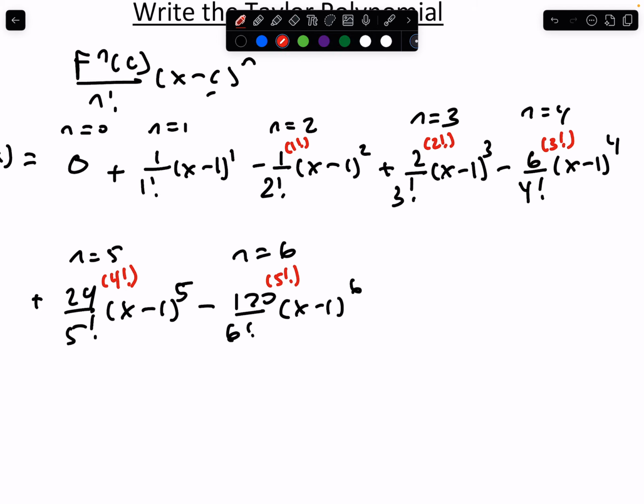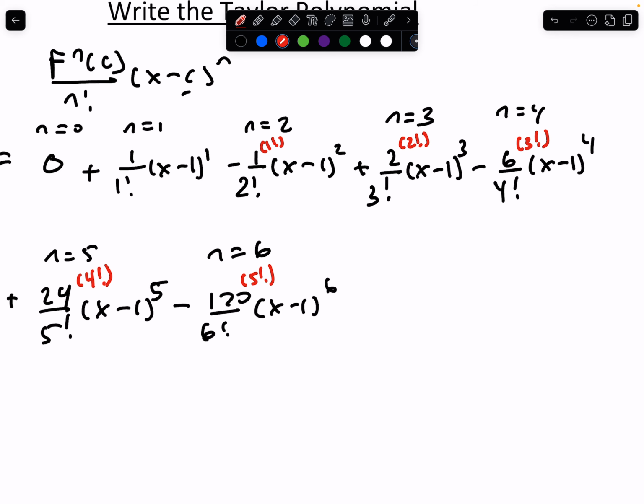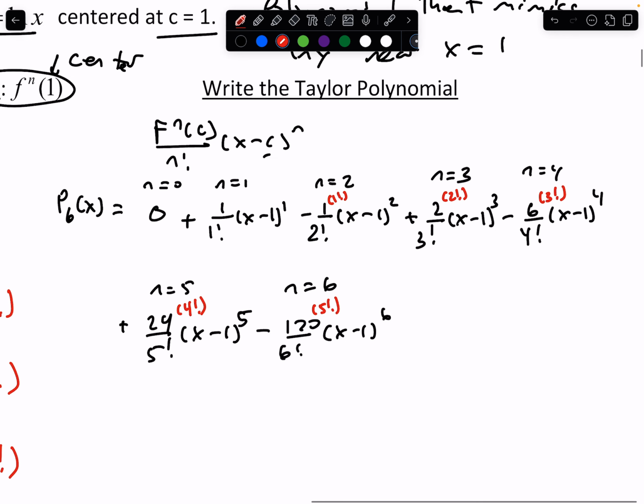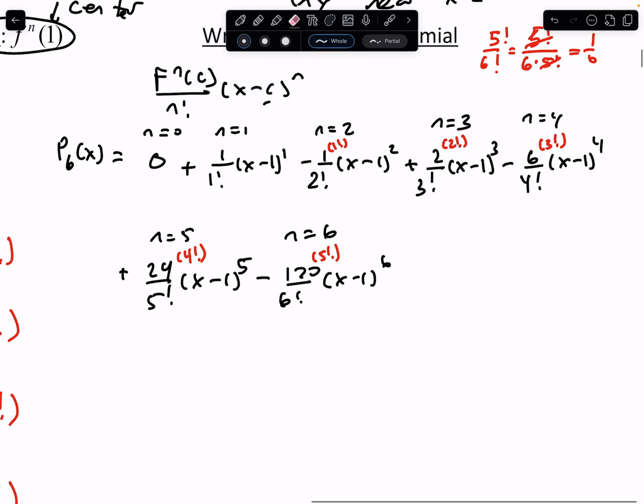So the reason why we like this, let's go back to our glory days of Algebra 1 or Algebra 2. If I have 5 factorial over 6 factorial, the bottom is just 6 times 5 times 4 times 3 times 2, or 6 times 5 factorial. Those cancel, and I get 1/6. So I can use that to simplify this.